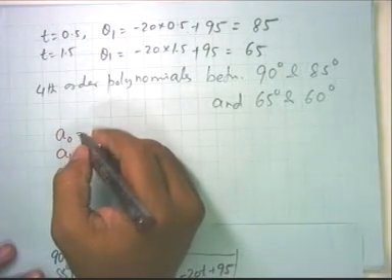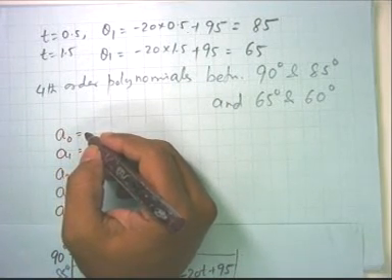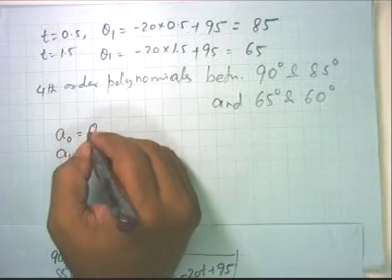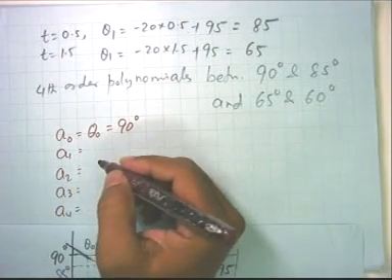So, A0 we know is equal to theta 0, which is 90.